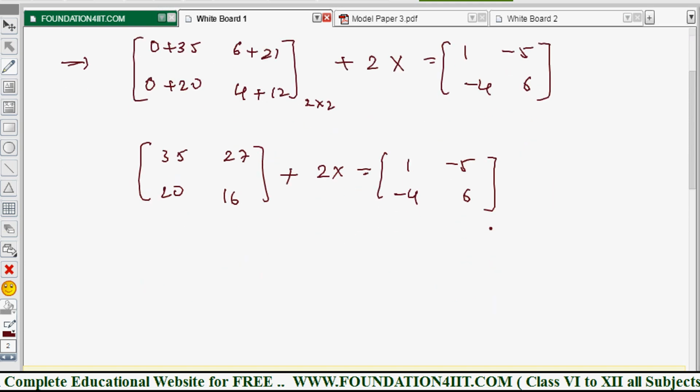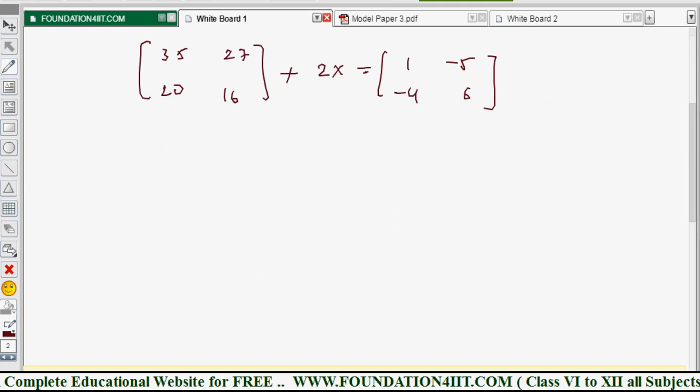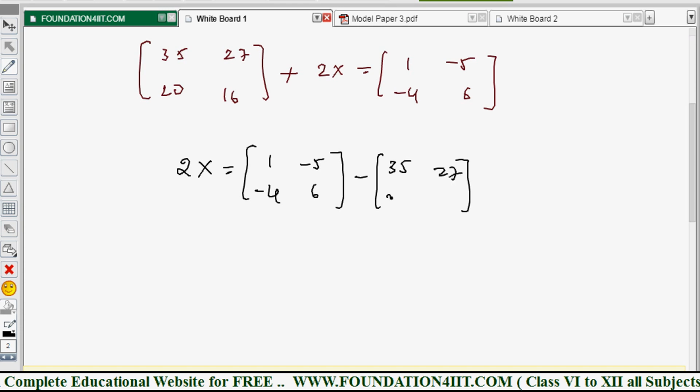Now except 2X, take the other matrix to the other side, then you'll get 2 into matrix X is equal to [1 -5; -4 6], and that matrix completely I take to the right side, that is minus [35 27; 20 16].